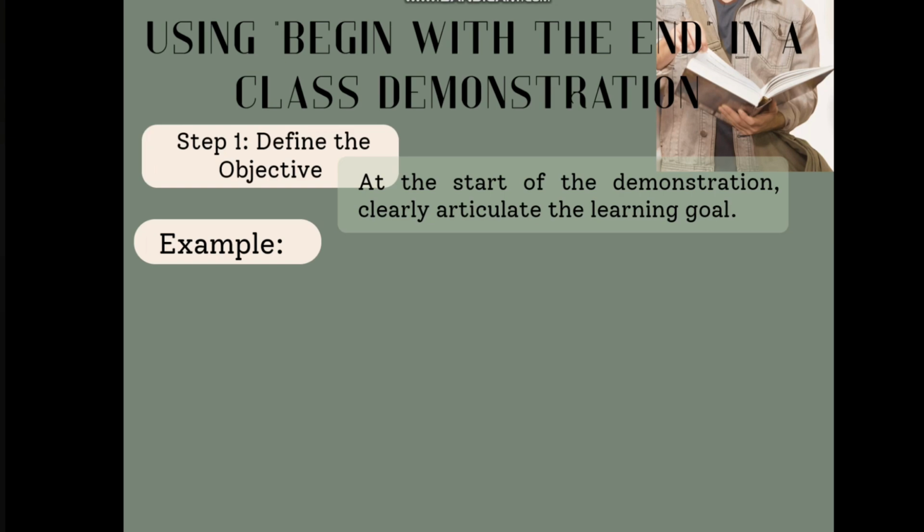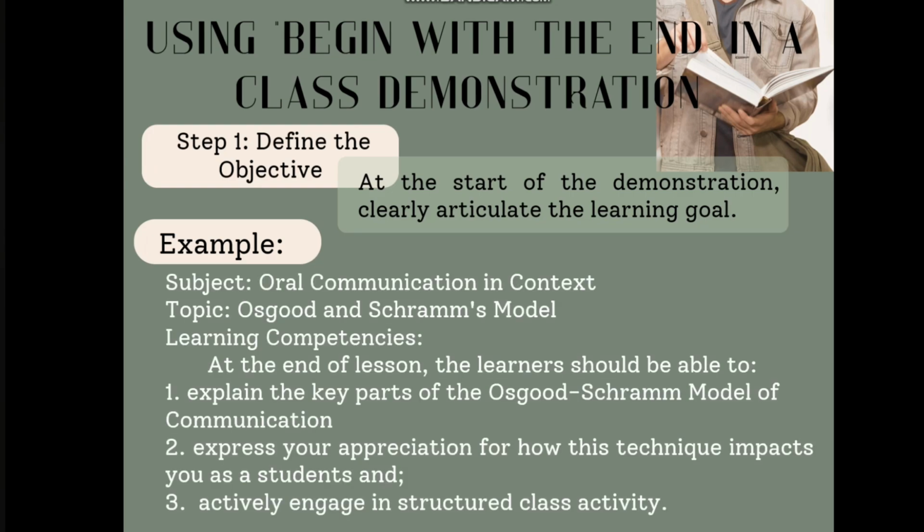Okay, can you read step 1 out loud? Define the objective. Okay, so there. Before you provide motivation in your class, you should share the learning competencies or objectives of your topic with your students. Let's look at the examples shared on our screen.